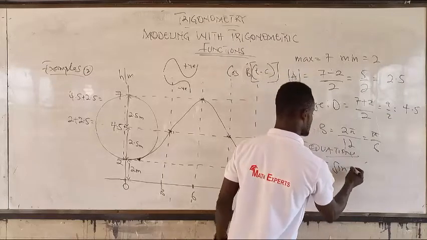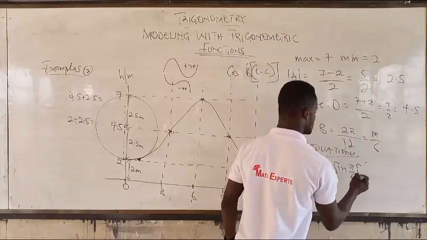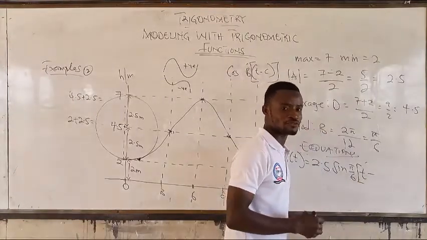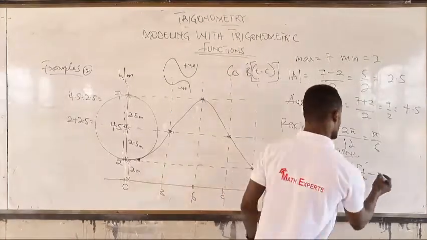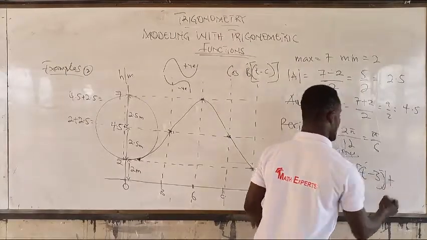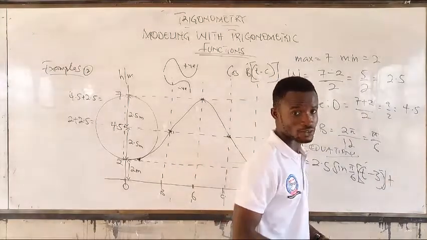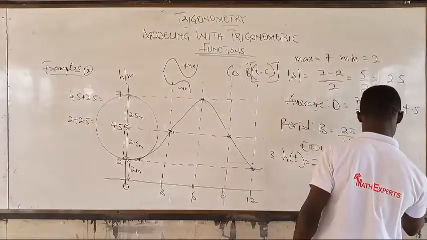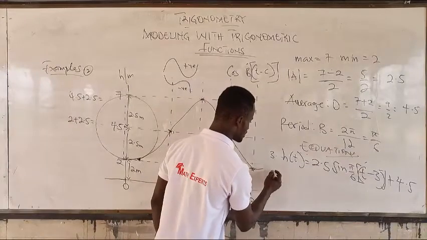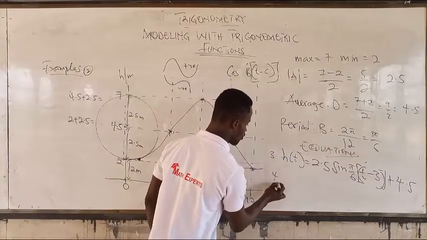And the b is still pi over 6, but there's going to be a shift to the right at where t is 3, plus a vertical shift of 4.5. Do the same thing. Lastly, that is 4.